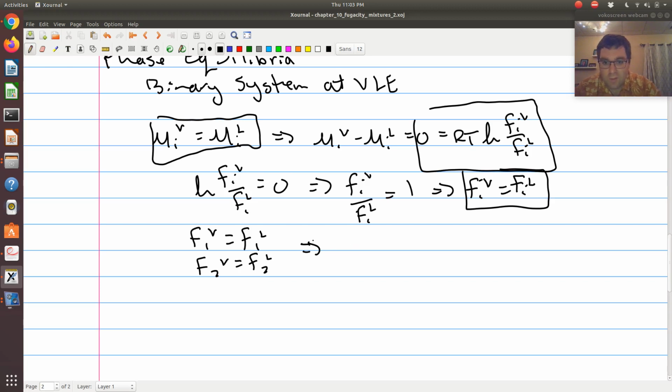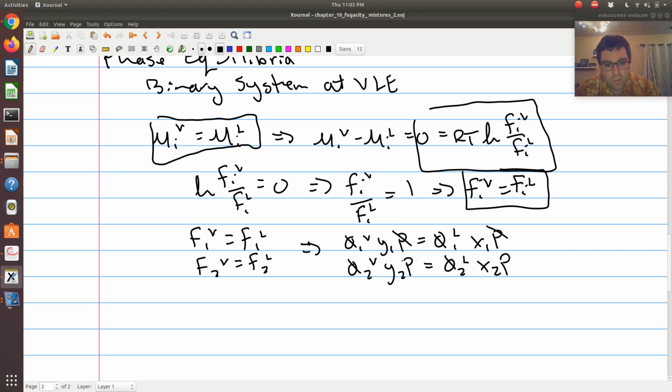I would expand component 1 of the vapor as phi_1 vapor, y_1 times P, is equal to the liquid phase, phi_1 liquid, x_1 times P. And then for component 2, phi_2 vapor, y_2 P is equal to phi_2 liquid, x_2, and P. The pressures of the two phases are equal, so we could kill that.